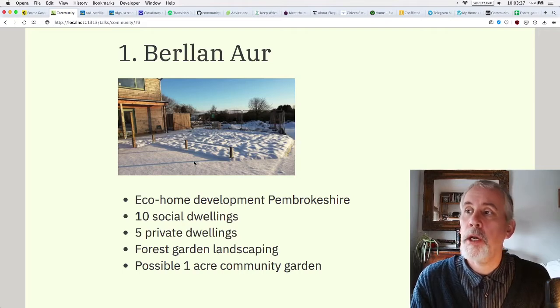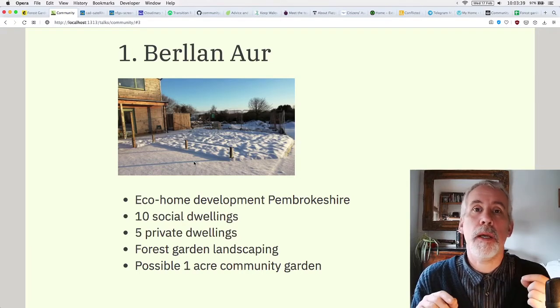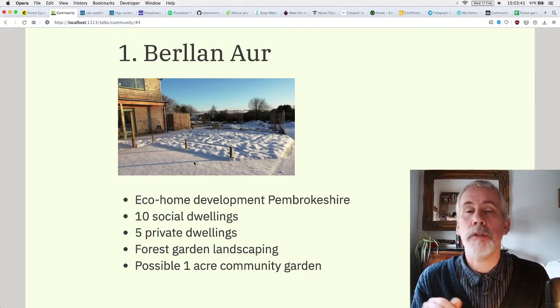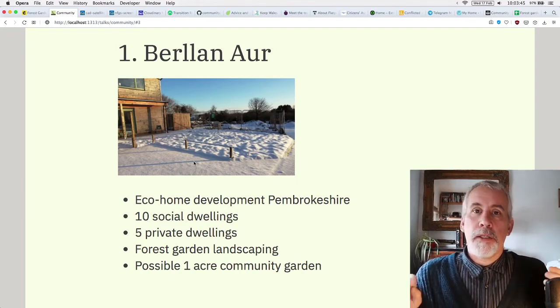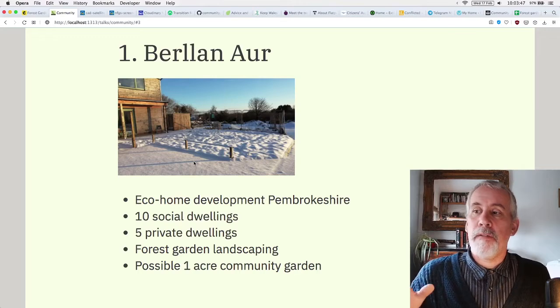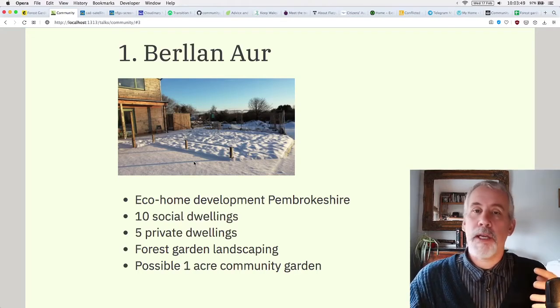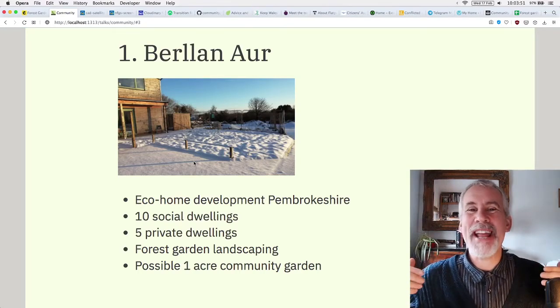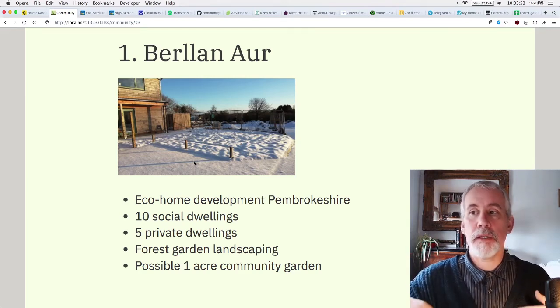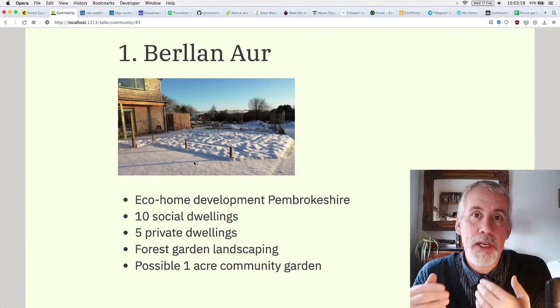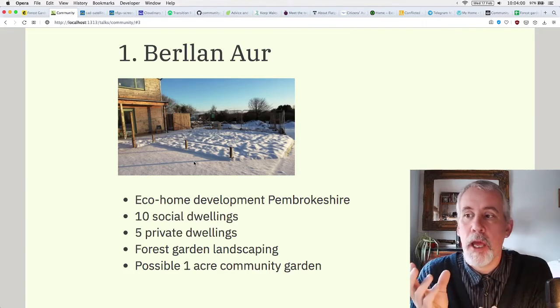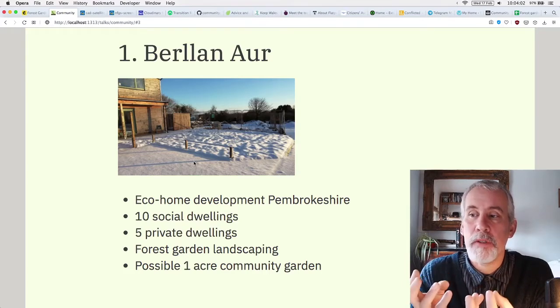First of all, this is Berllan Awr, which means golden orchard in Welsh. It's an eco home development in West Wales, in a village called Boncath. There are 10 social dwellings and 5 private dwellings, and there's a possibility of a 1 acre forest garden site. I've been doing the landscaping there, putting in fruit trees, fruit bushes, hedging, and some wildflower stuff as well.